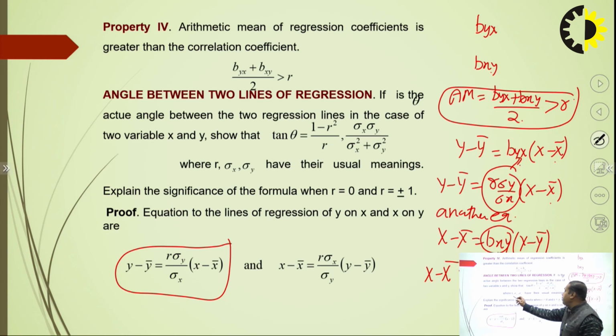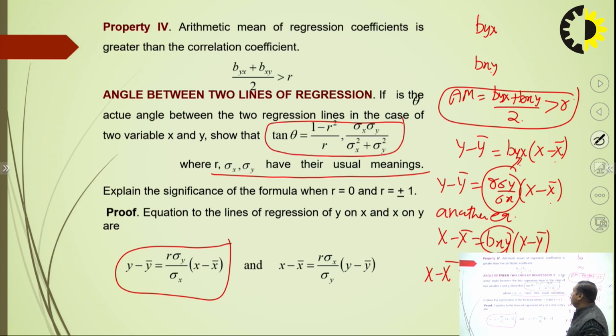r, sigma x, sigma y have their usual meanings, and for the angle theta between them we have the relation tan theta equals 1 minus r square upon r, times sigma x sigma y upon sigma x square plus sigma y square.